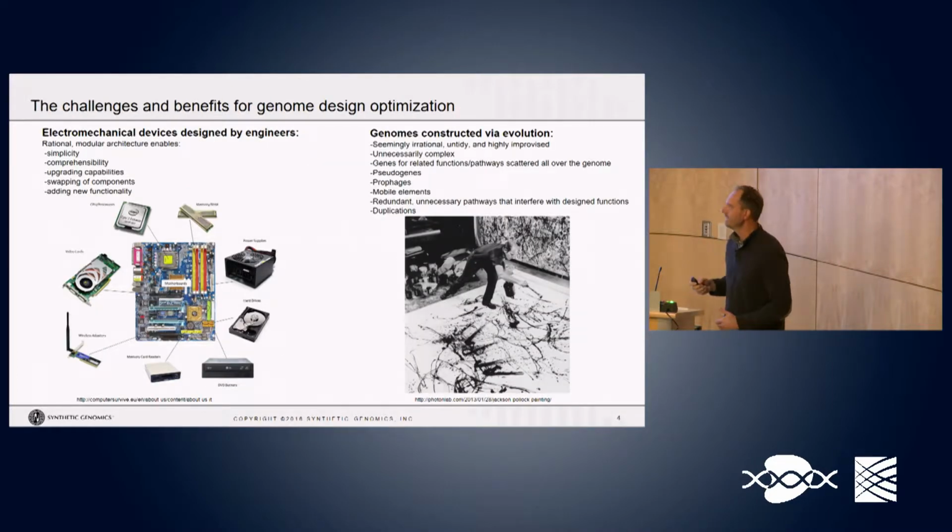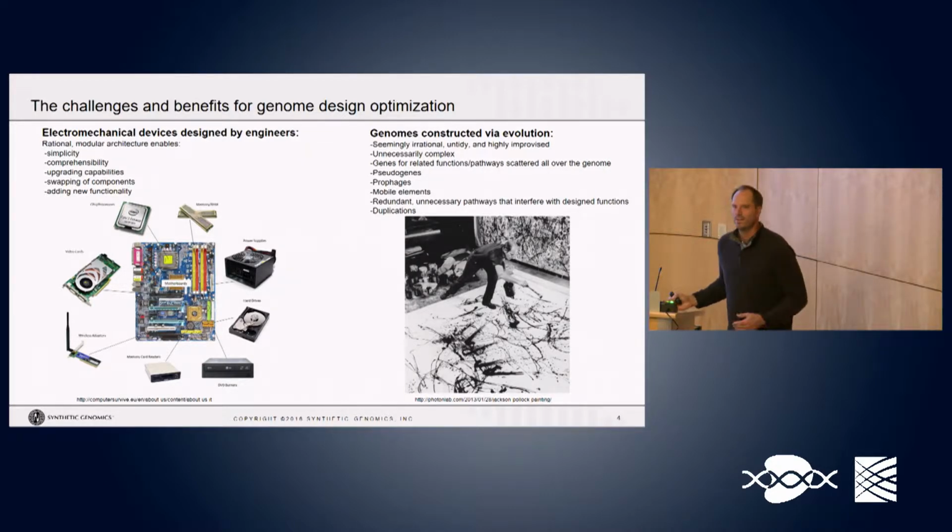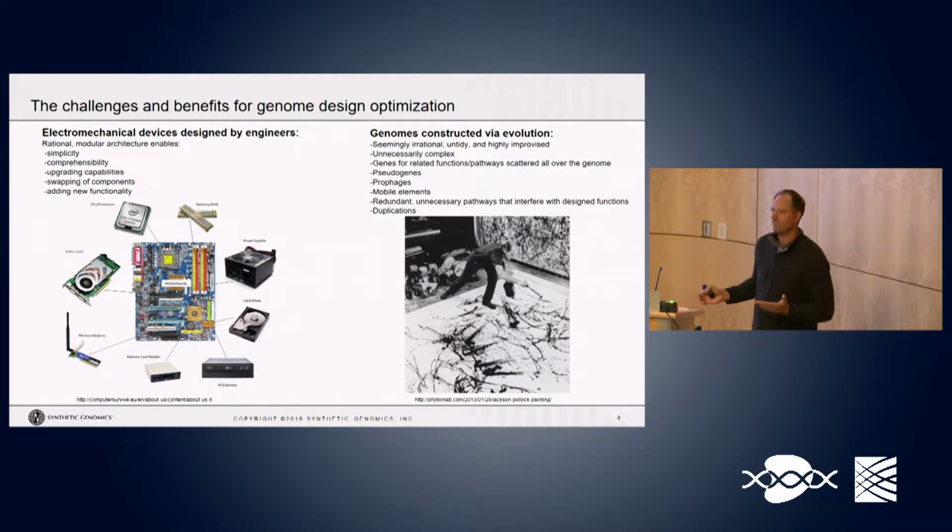But the problem right now, the challenge that we have, is we don't yet understand how to design and build a cell from the bottom up. So unlike electromechanical devices that are designed by engineers, which have a rational and modular architecture, genomes are constructed by evolution.